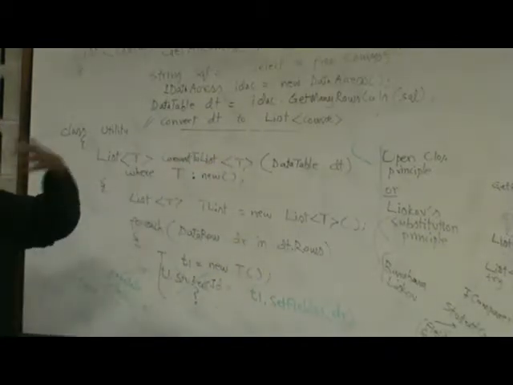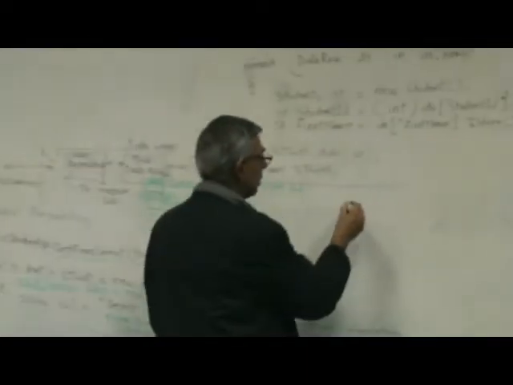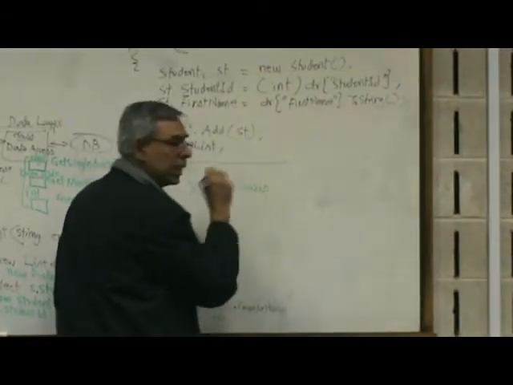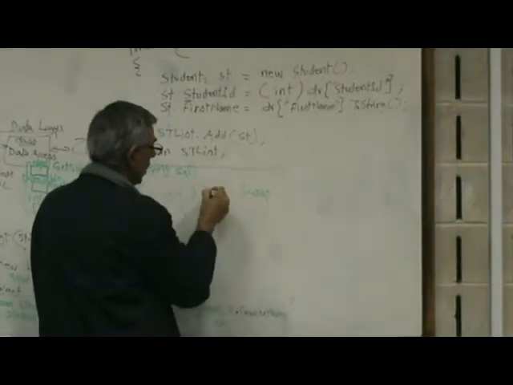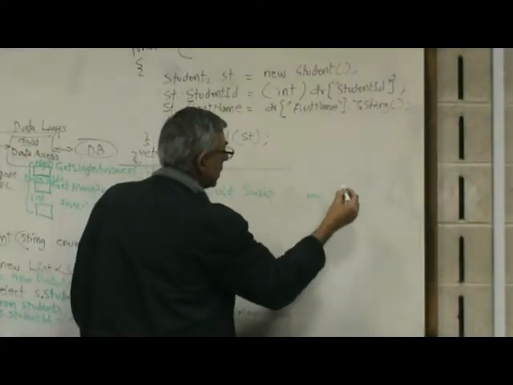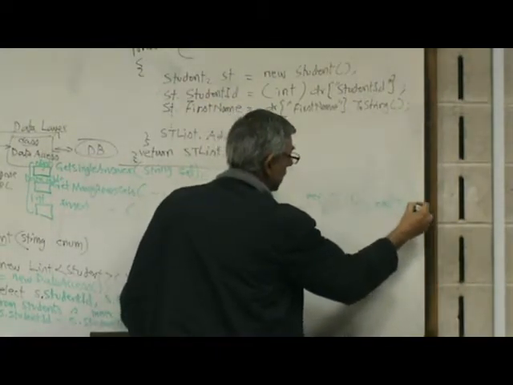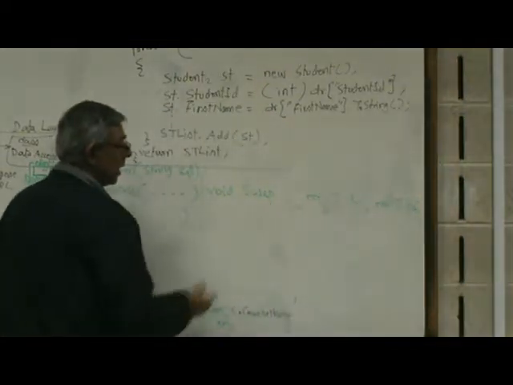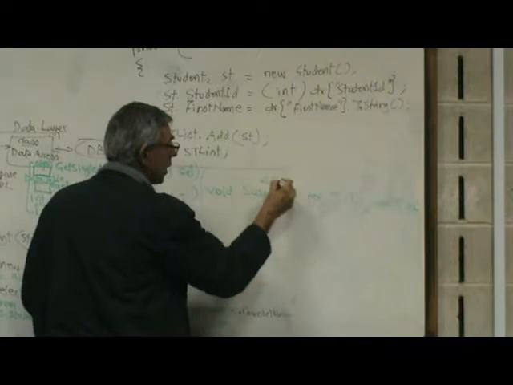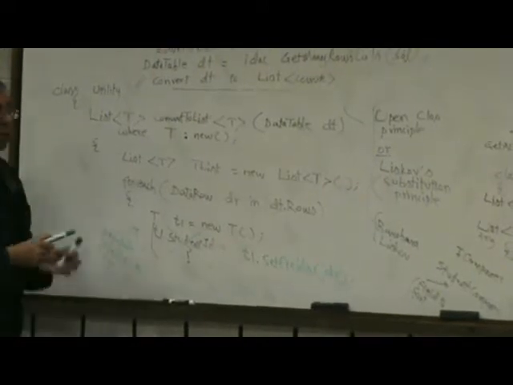So this will be returning a list of that T. If you forgot, go back to when we were writing the swap function or the exchange function. We had written it something like this: void swap, ref T1, ref T2 or something like this, right? What is T over here? We had to indicate after the name of the function.